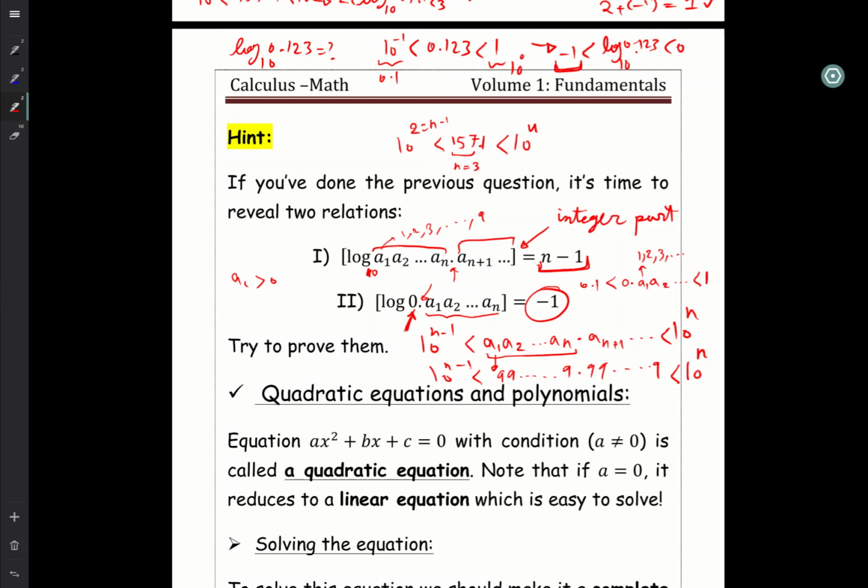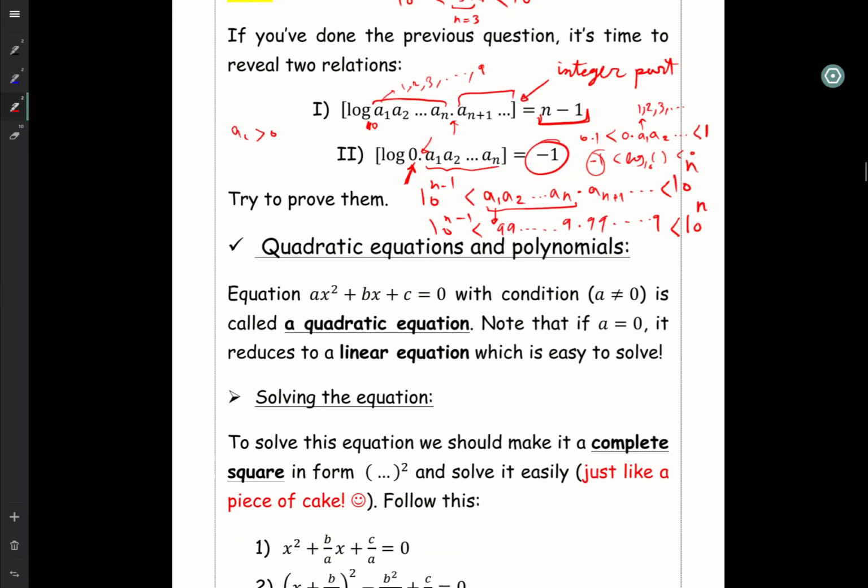So if you take the log base 10, we end up with a value between -1 and 0, and the integer part is always -1. Okay. All right, this concludes our discussion on the logarithmic function.